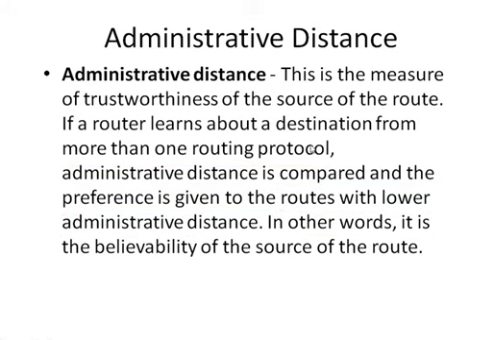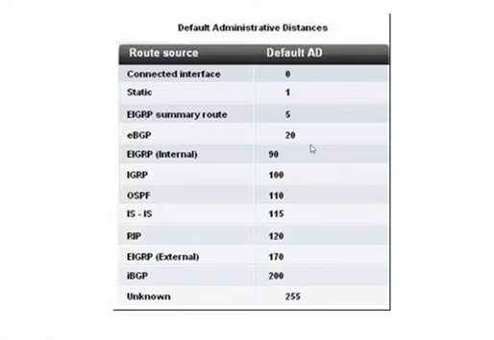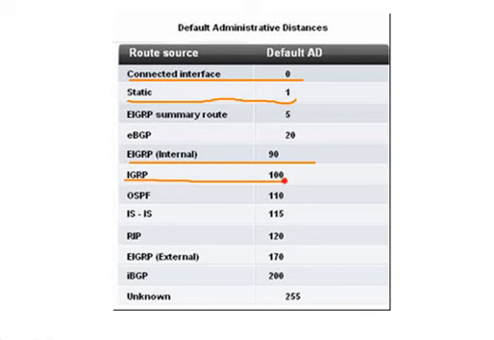These are the different default AD values. Like a directly connected interface comes with a default administrative distance of 0. Static comes with 1, EIGRP default AD is 90, IGRP default AD is 100.